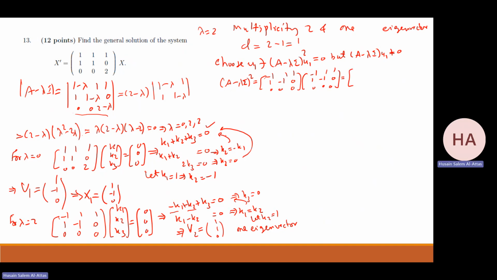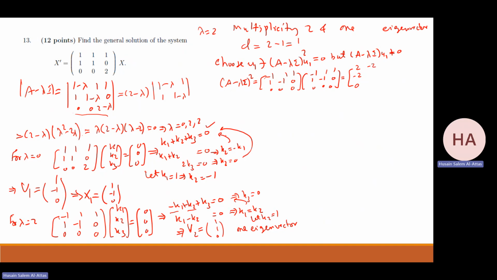That will give me what? 1 plus 1, that will be 2. This is minus 1, minus 1, that is minus 2. Then 0, that will be 0. Then minus 1 minus 1, that would be minus 2.